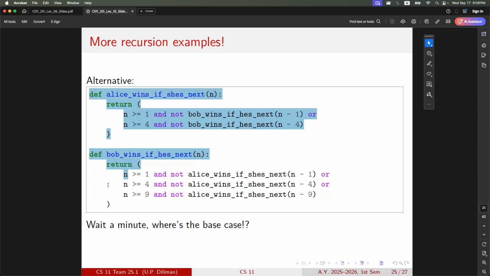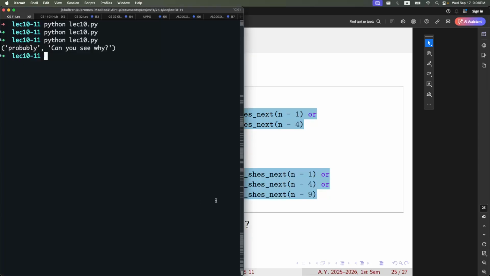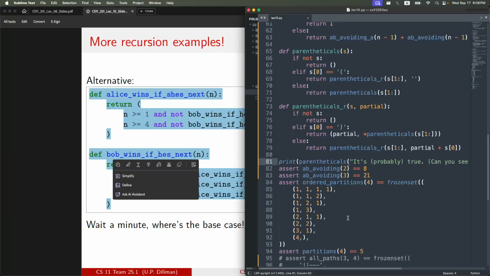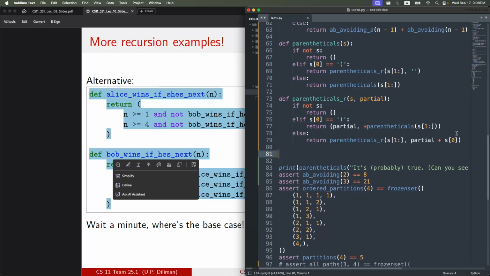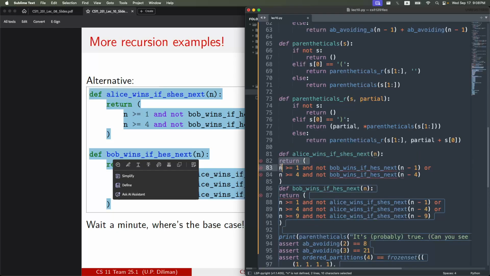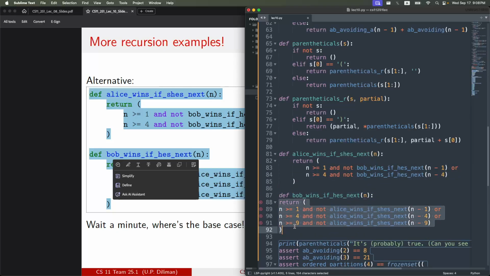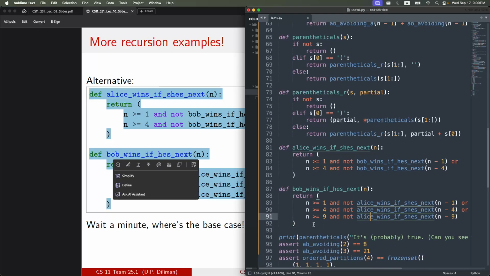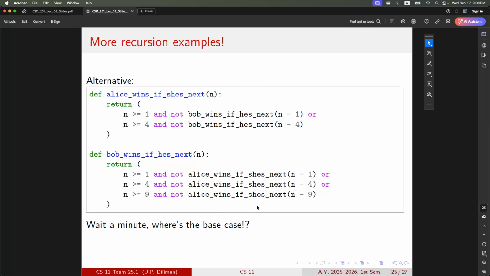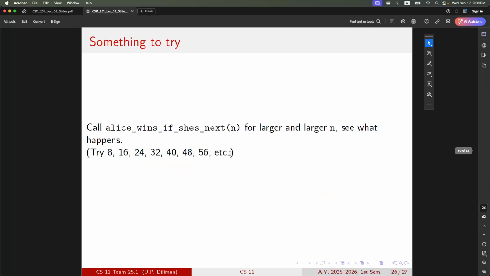All right, let's use this formulation to test. This is pretty weird, but you can follow the logic. Okay, let's fix this code. Alright, so let's try for different values of n and see what happens.